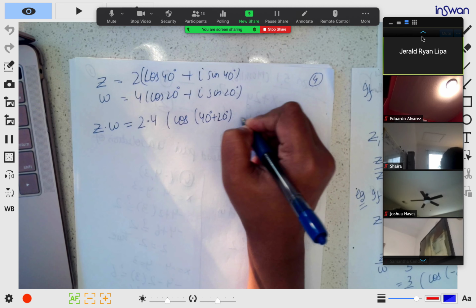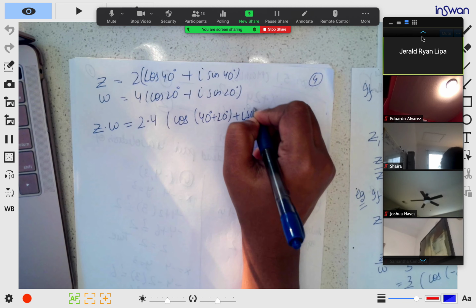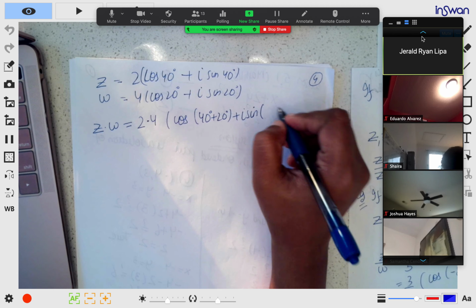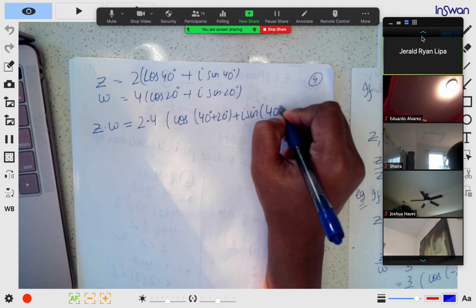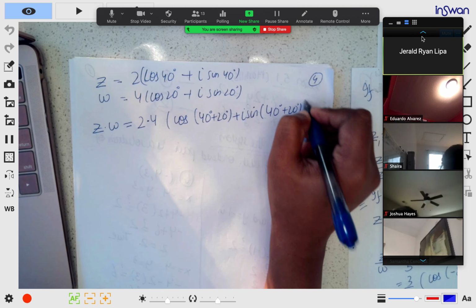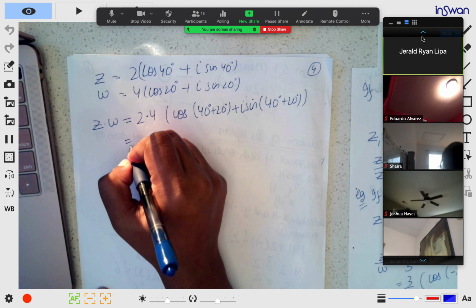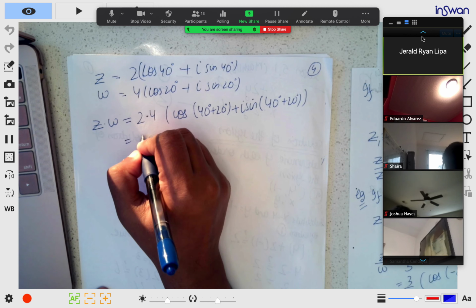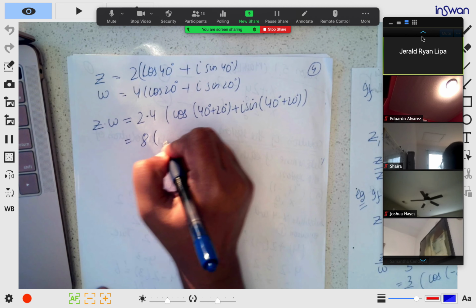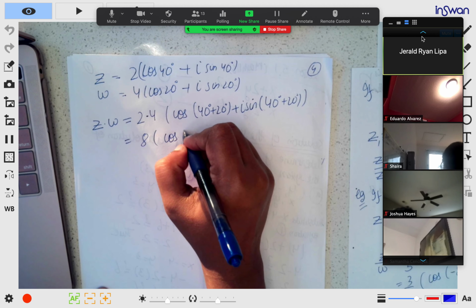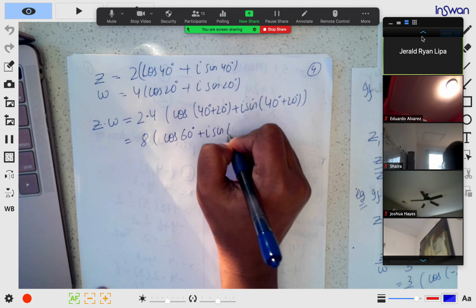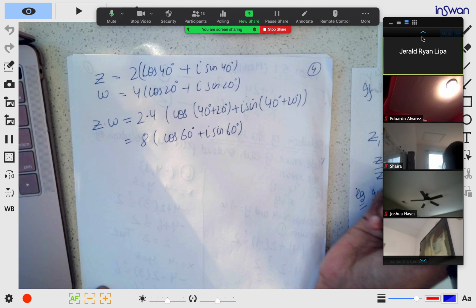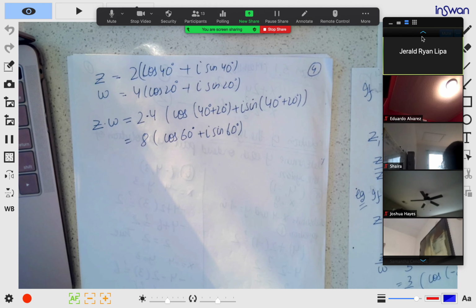And then plus i sine 40 plus 20. Which becomes? And then you'll get 8 parentheses cosine 60 degrees plus i sine 60 degrees. Good. Really good, Gerald.